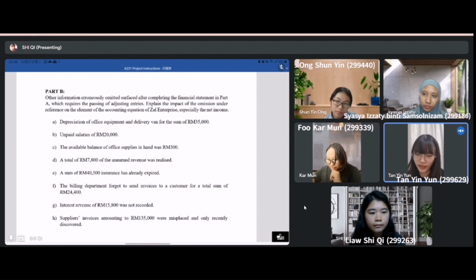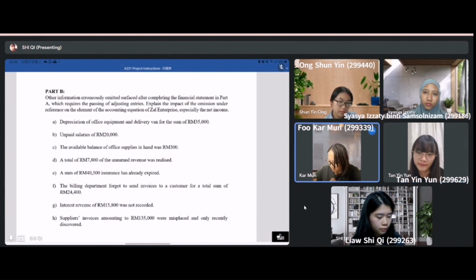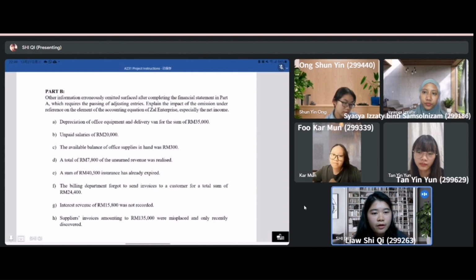My answer is debit supplies expenses and credit accounts payable. My answer is the same as Harvey's. So two of us have the same answer, which is debit cash, and two have debit supplies expenses.